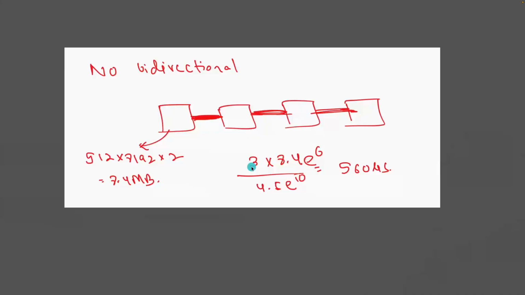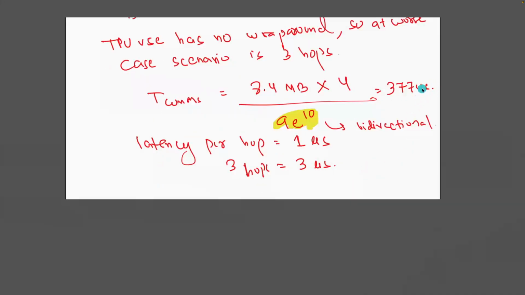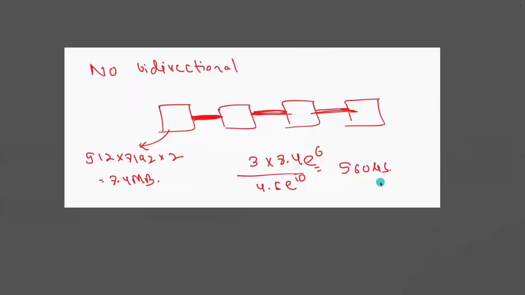We have to make 3 jumps every time, so it would increase our time taken. You can see here, with bidirectional it is around 377 microseconds, and now it's 560 microseconds. It increases because we do not have access to bidirectional links. We have to walk through each of the hops, which is the case in TPU v5e because it doesn't have a wraparound. This device cannot communicate directly to that device.